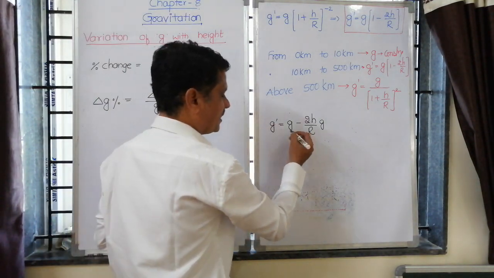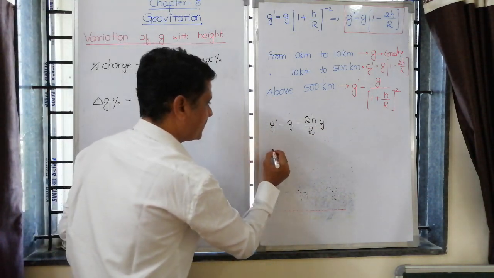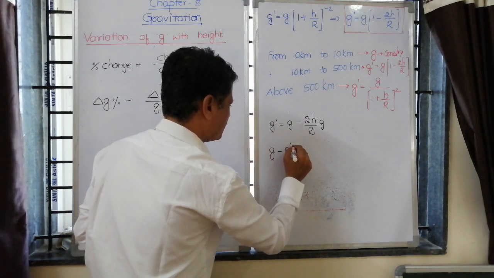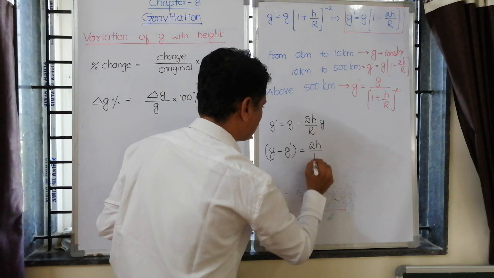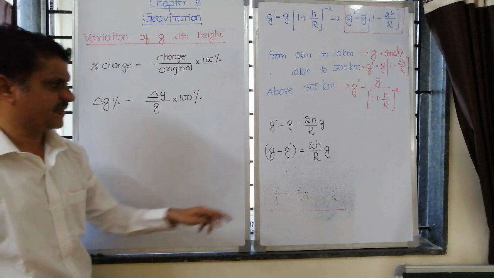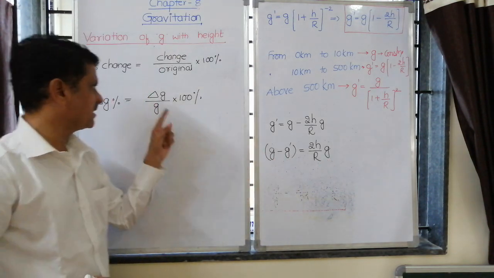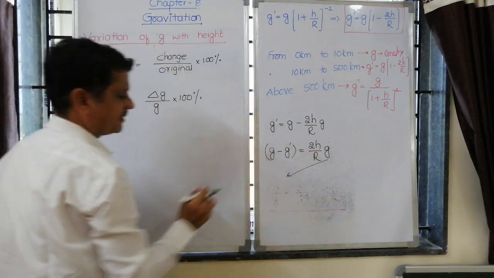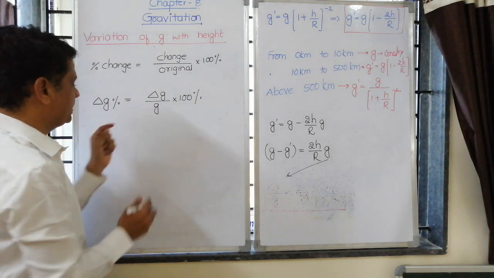But anyway, for my convenience, I'll modify this as G minus G dash is equal to 2H by R into G. Here G minus G dash is nothing but change in G. If I bring this, change in G by original G is nothing but percentage change.